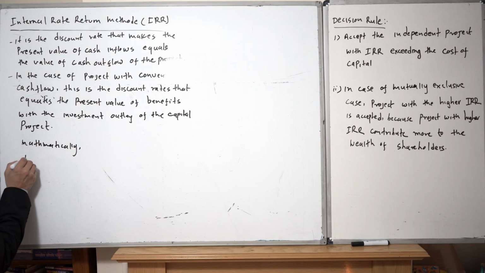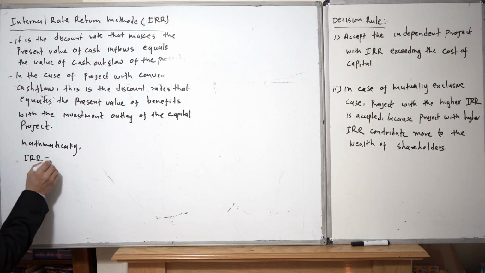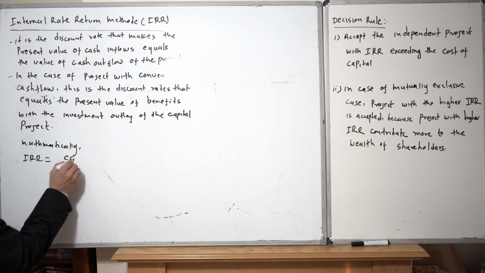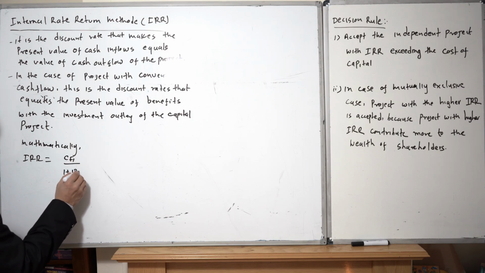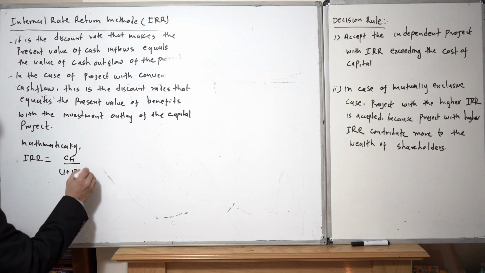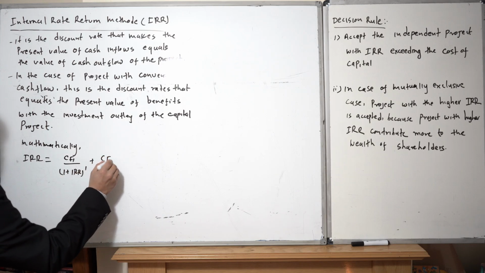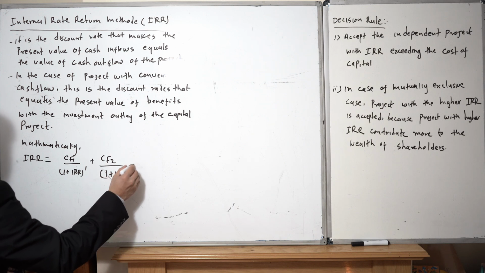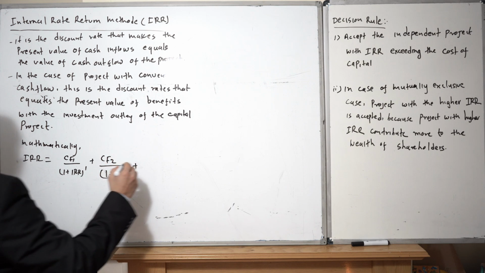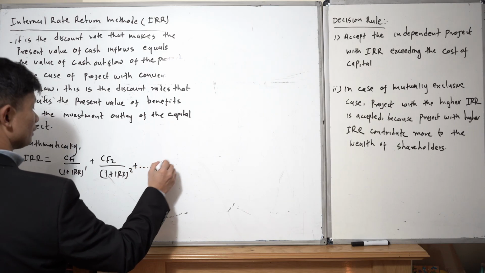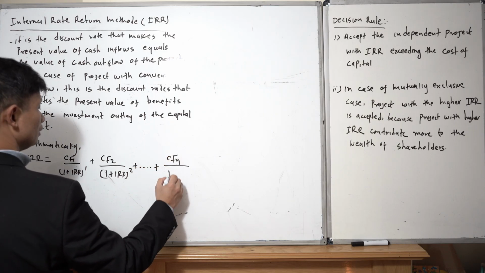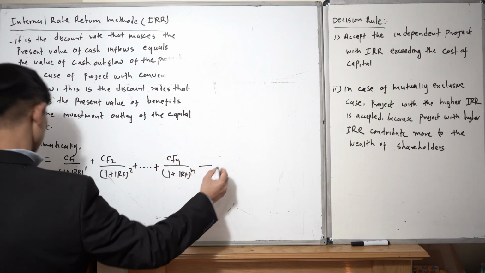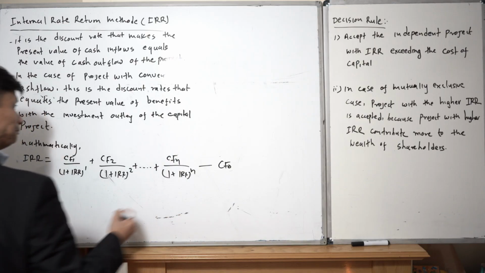Mathematically, IRR is: CF1 divided by (1 plus IRR) power 1, plus CF2 divided by (1 plus IRR) power 2, and in this way up to CFn divided by (1 plus IRR) power n, minus CF0.